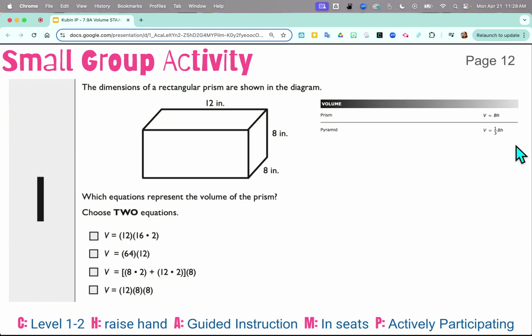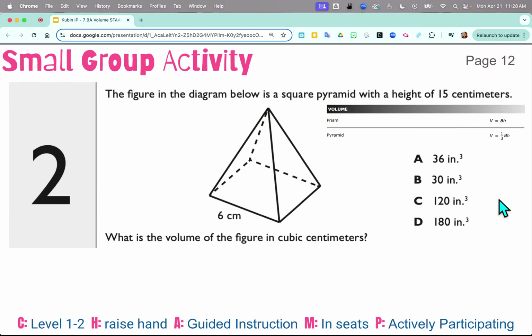Number 2. The figure in the diagram below is a square pyramid. I already see a vocabulary word, so I'm going to highlight that. With a height of 15 centimeters. What is the volume of the figure in cubic centimeters?